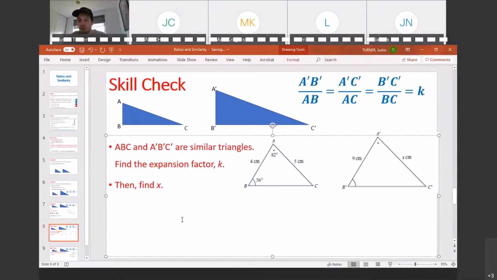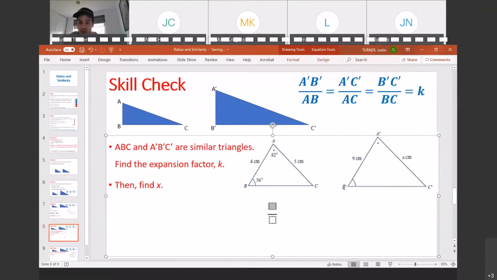What we're first going to do is, as we did in the last one, write our equation out. Because they're similar triangles, I'm going to start with the two sides we have.